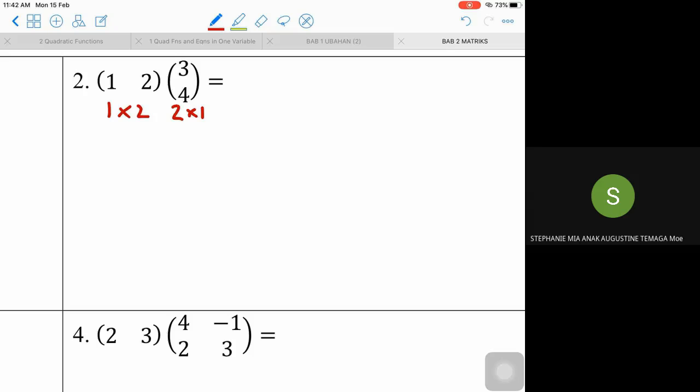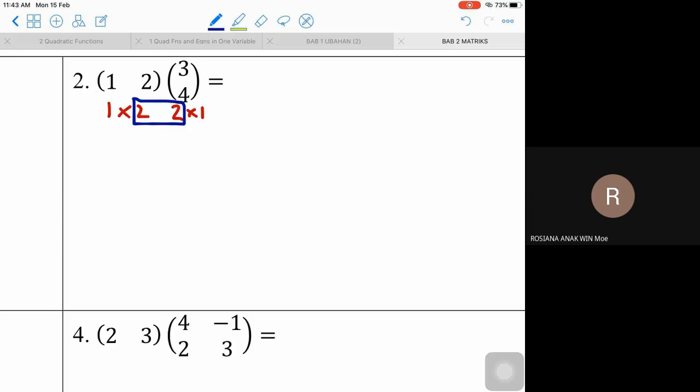Yes, because the column from the first matrix and the row from the second matrix are the same, 2 and 2. So that means these two matrices can be multiplied with each other.